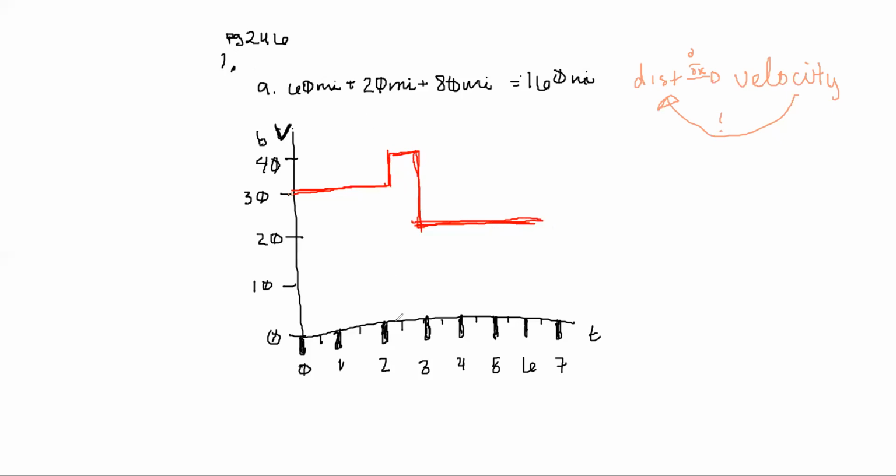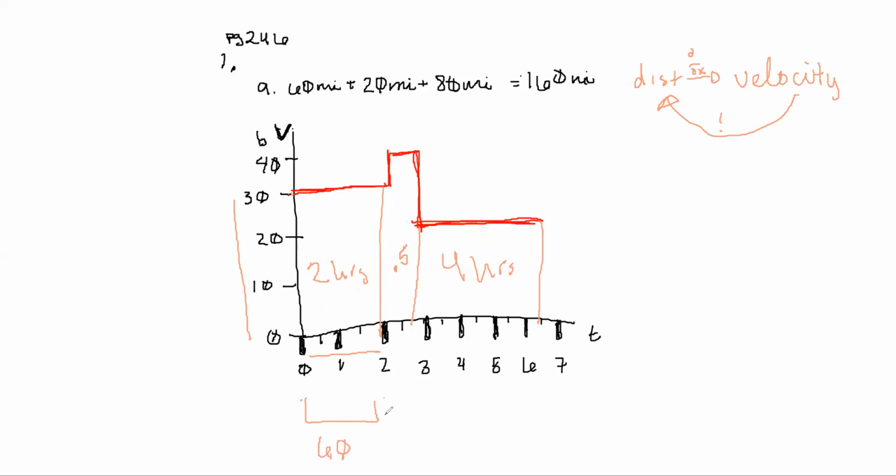So the best way to do this is to block out the different blocks. This is the first 2 hours, this is the next half an hour, and this is the next 4 hours, right? So the area under this chunk is going to be 2 times 30, so that's 60.